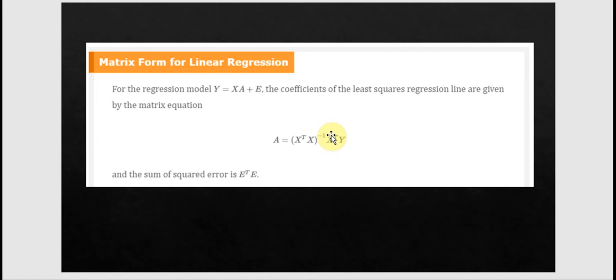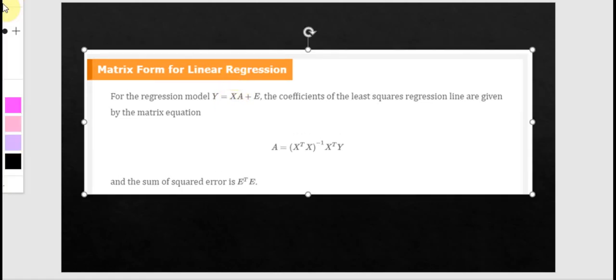Now I'm going to, again, for this section, allow you to use your graphing calculator, and the goal would be to find X, find A, and not so much be concerned about the error at this stage in the game.